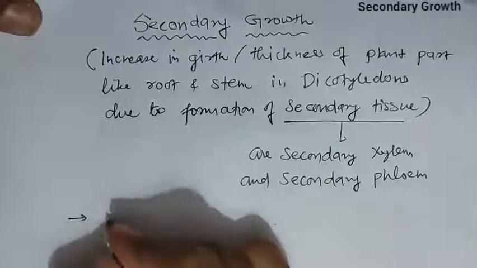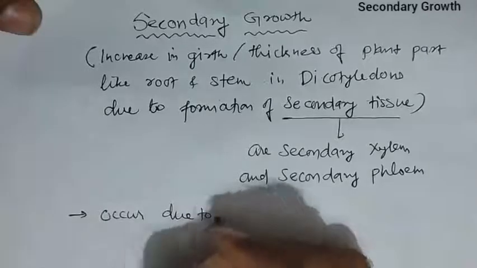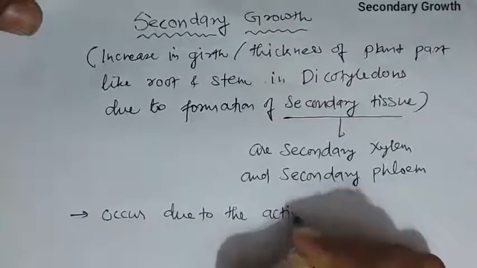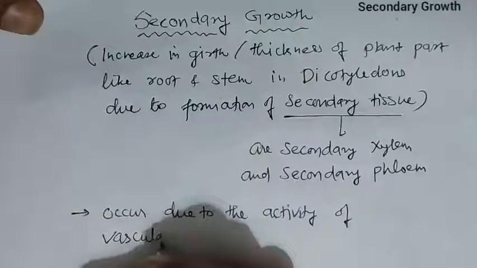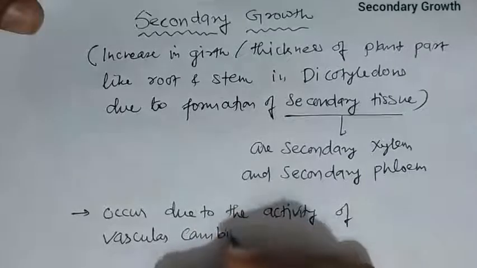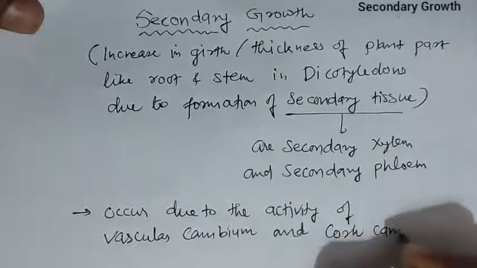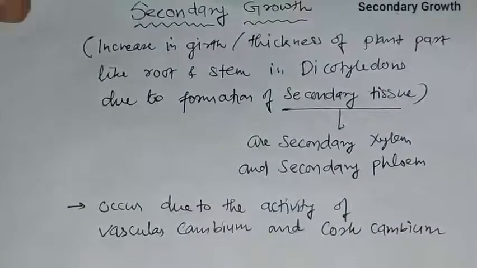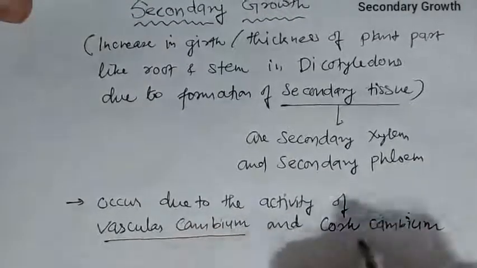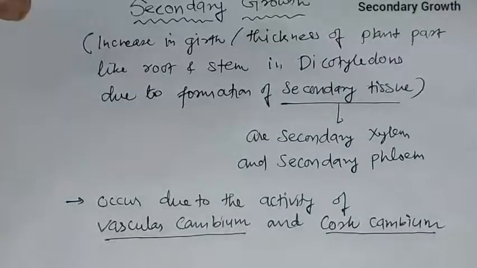This secondary growth occurs due to the activity of vascular cambium and cork cambium. One by one we will discuss how vascular cambium formation occurs and how it shows its activity, and how cork cambium formation occurs and how it shows its activity.